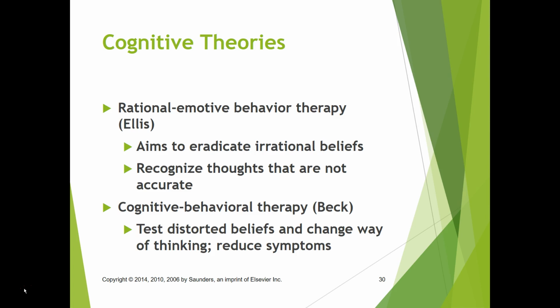Rational emotive behavior therapy, Ellis, aims to eradicate irrational beliefs. So we can, again, just in our therapeutic communication, try to help people to recognize that those thoughts are not accurate. An example of an irrational belief might be something like, I really should be honored and esteemed by everybody that I come in contact with.